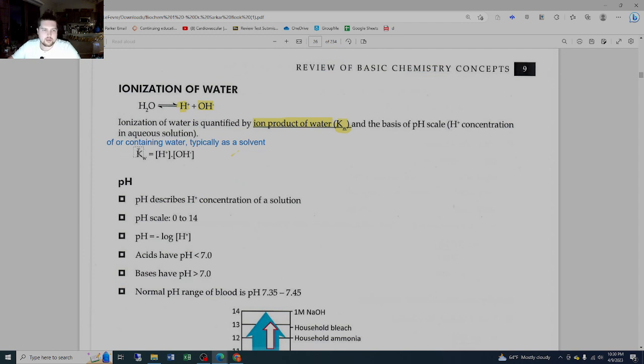Okay. We have Kw equals these little brackets. When you see brackets like this, that is referring to, I'll just put an X in there as a placeholder, concentration of X ion or atom. Look at the concentration of that. Those little brackets mean concentration of whatever's inside.